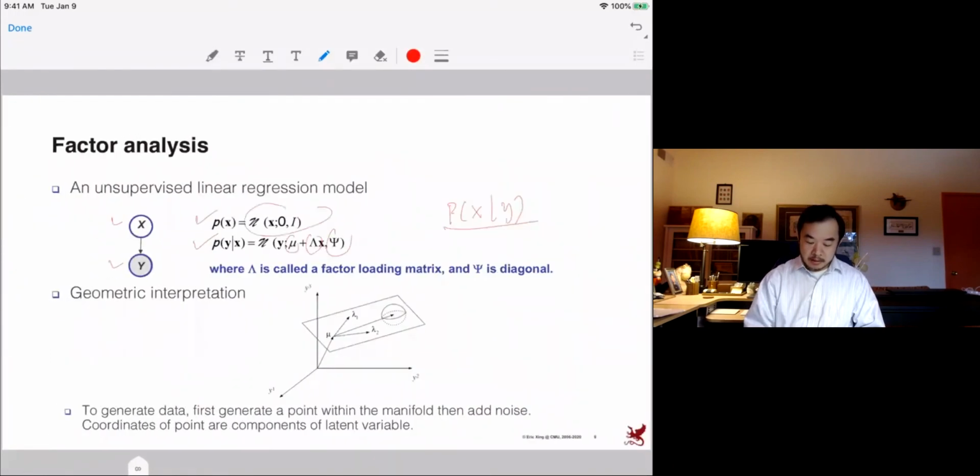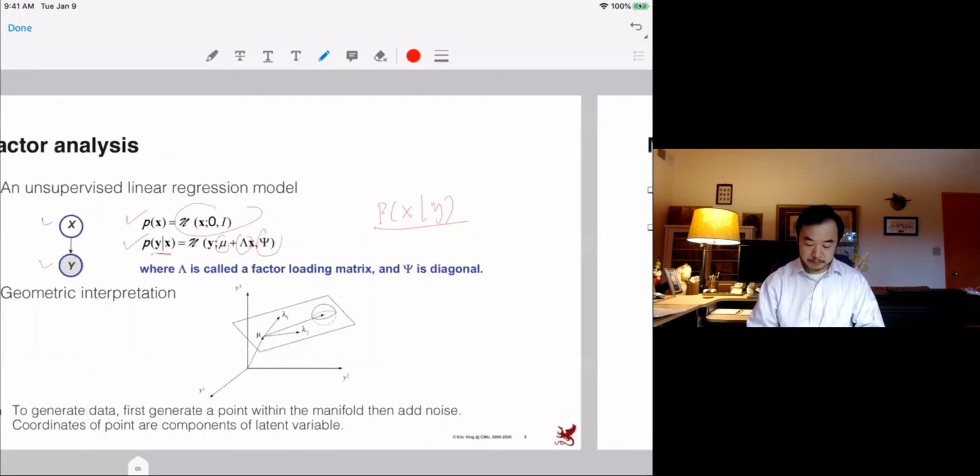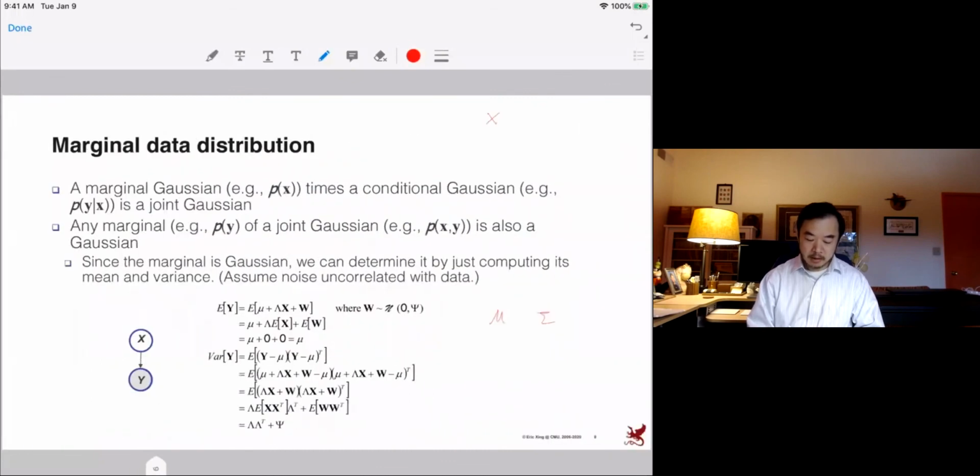But we don't have the mean and the covariance of the y yet. We only have a conditional of y given x. So how can we write down the expectation and the covariance of the y?